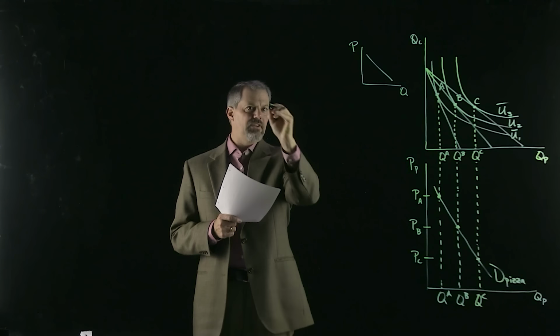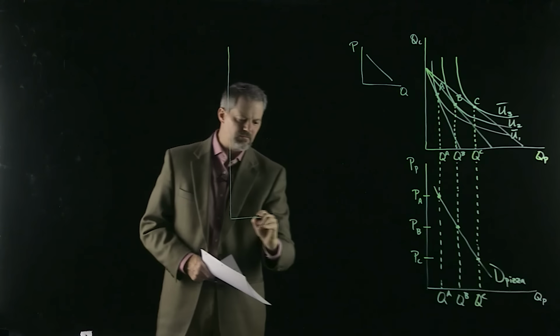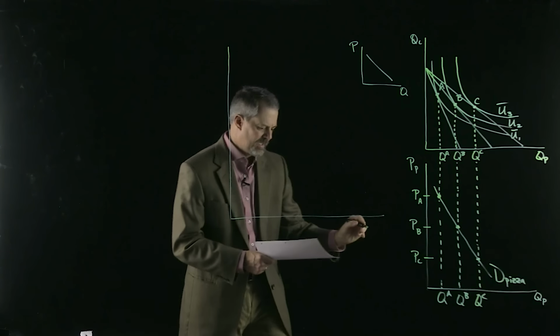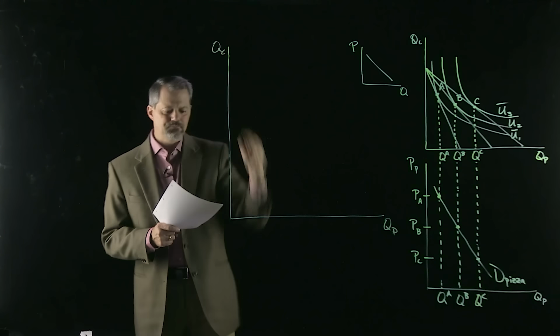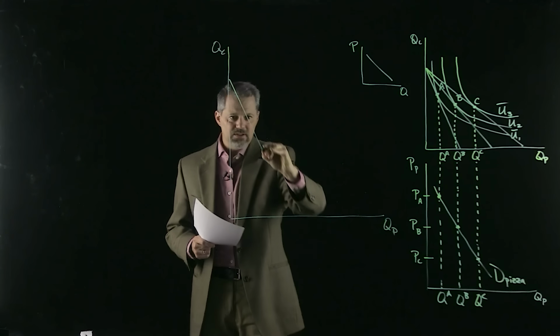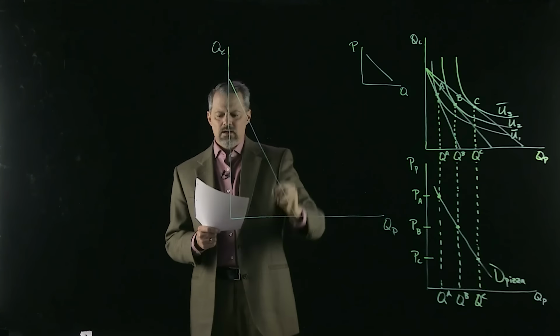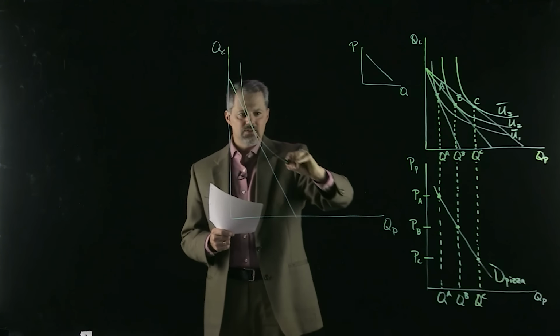So let's do this. I'm going to draw a relatively big picture here so we can get a good idea of what's going on. Let's continue with our pizza Coke example. I'm going to put my initial budget constraint right here. Let's have our initial indifference curve tangent.